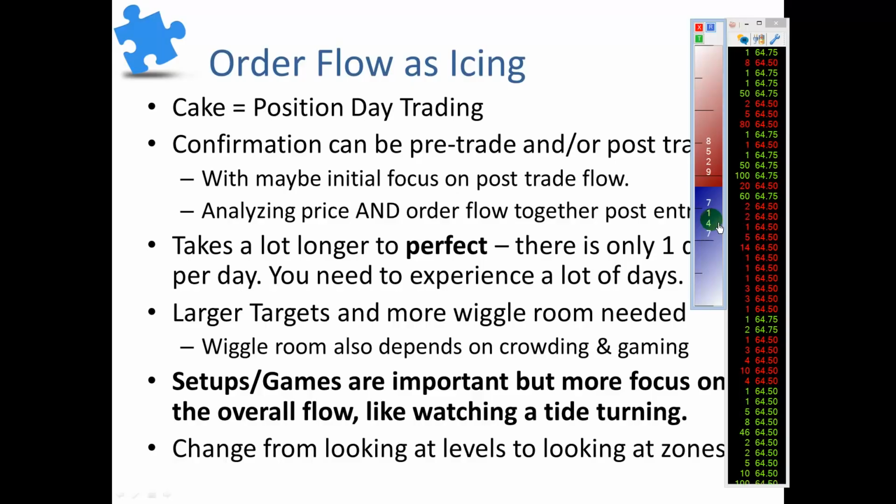Okay. Now, you will be able to reduce the size of your stops when you start to use order flow. But compared to order flow as the cake and icing, so the kind of scalping methods, using order flow for a 4-tick trade, you're still going to need to have some wiggle room in your trades.